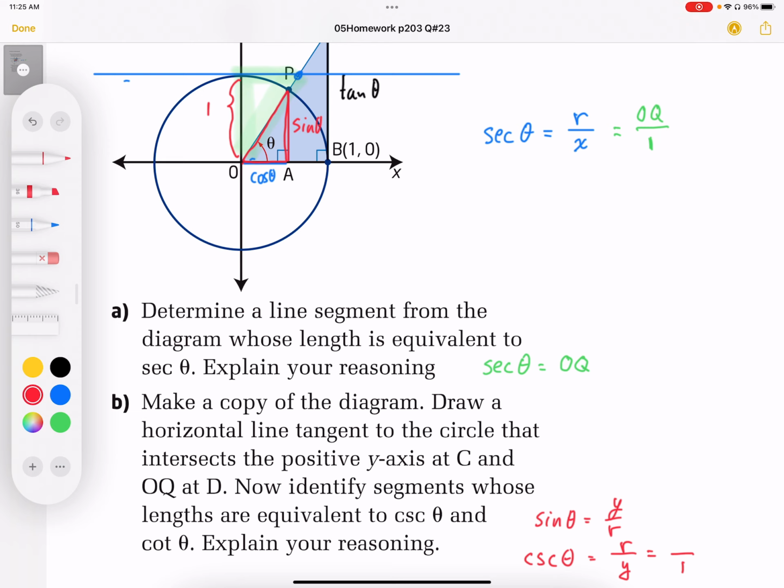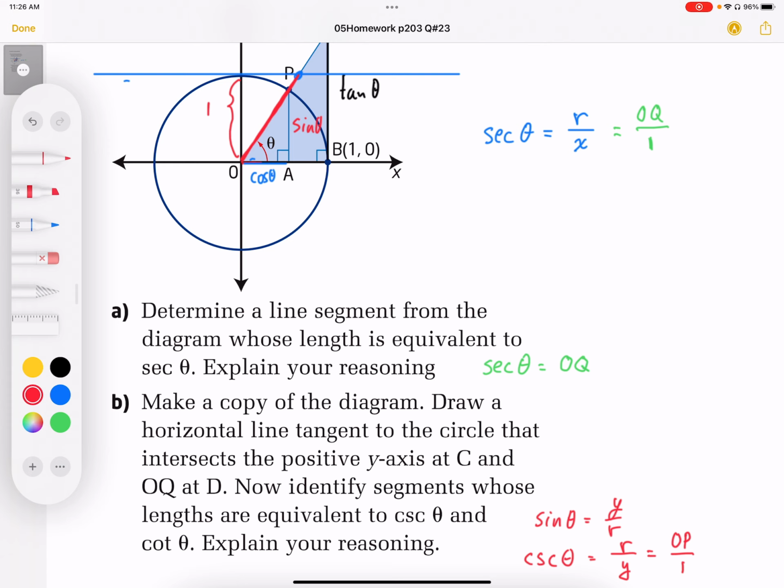And as long as I get the right sides here, I can then work out what the cosecant ratio should be. So in that picture, I'm just going to erase that red triangle for a second. In this picture here, this line would represent the same line that's equivalent to the radius. So I'm going to write that same ratio as OP is equal to the radius in the smaller triangle.